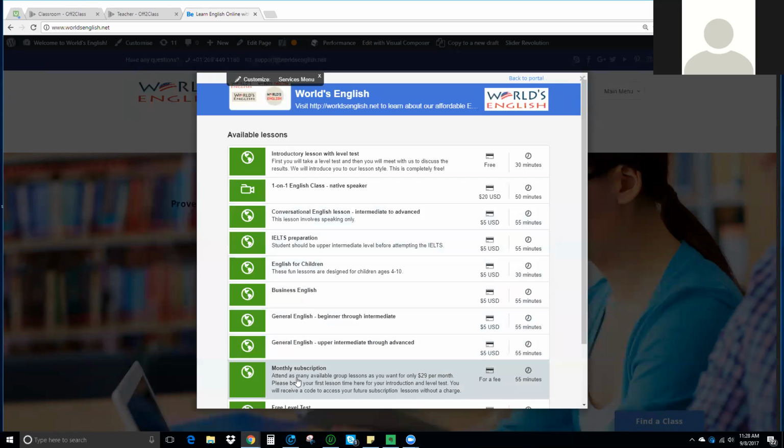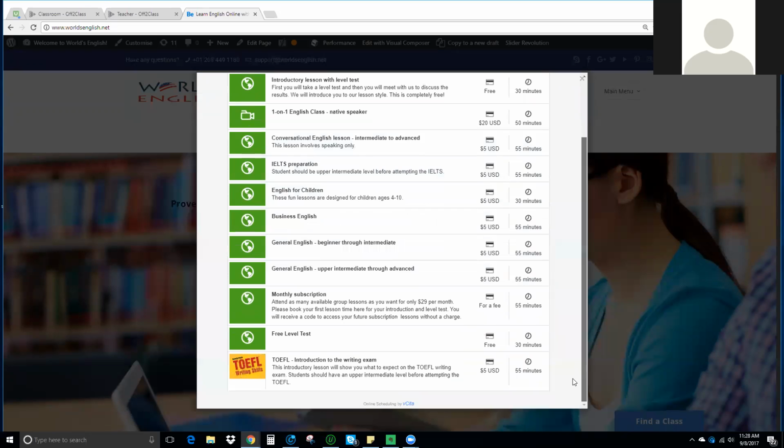Otherwise, you will in the future see the TOEFL lessons listed on the schedule. They'll have this little TOEFL symbol or a similar TOEFL symbol graphic.